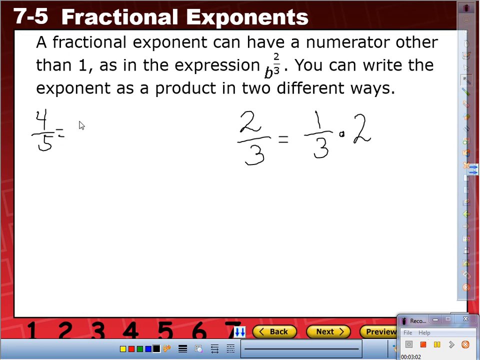This could be rewritten as 1/5 times 4. Is everybody getting there? And why is this? Because what did I say at the beginning of the year? Whenever we multiply a fraction and a whole number, we write it over 1. So it's 4 times 1 is 4. 1 times 5 is 5. This one is 2 times 1 is 2. 1 times 3 is 3. Are we there so far?